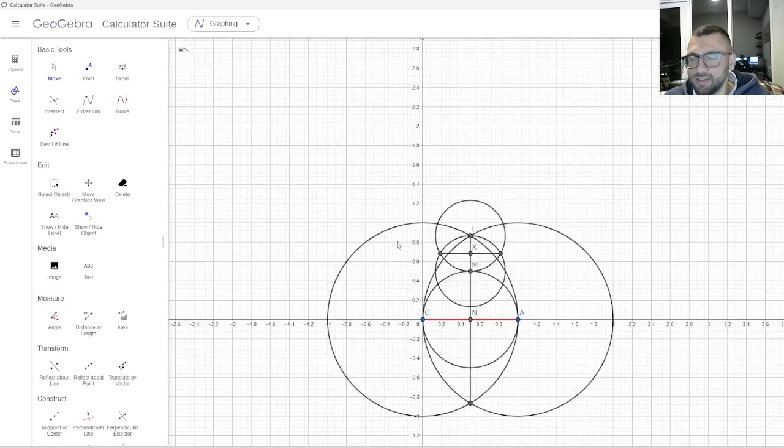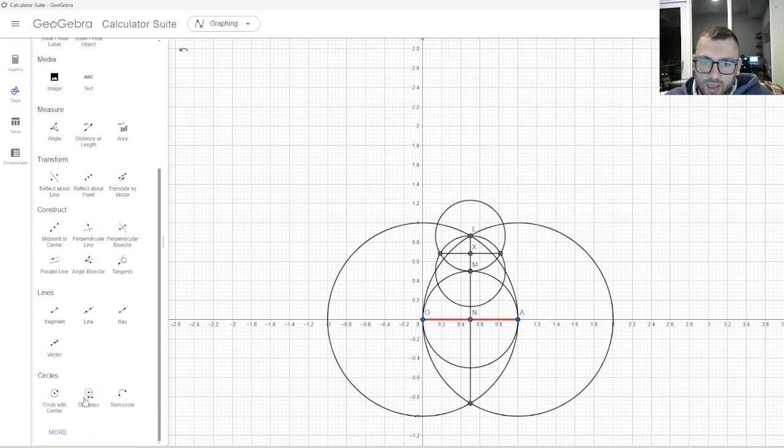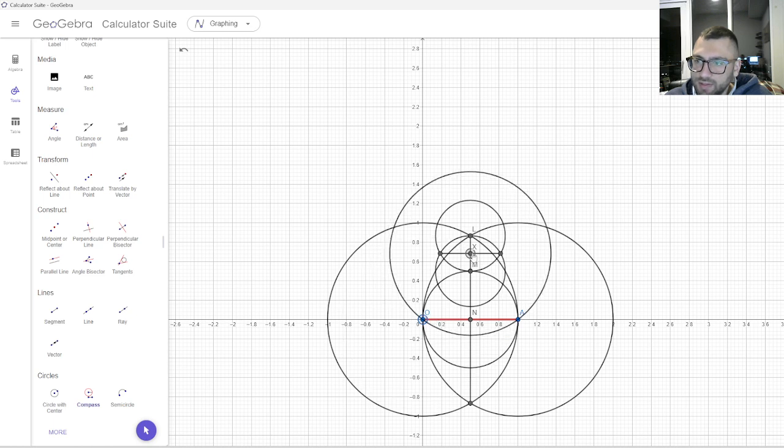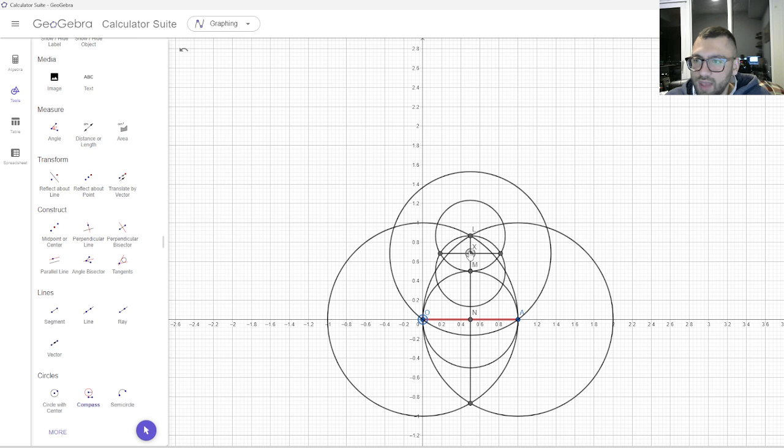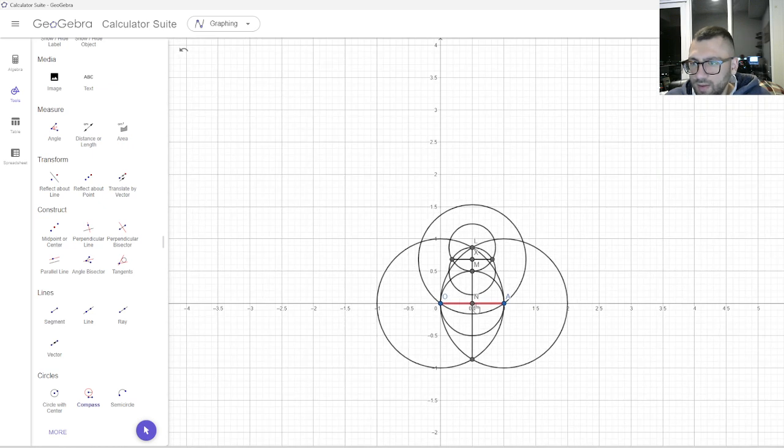I'm going to draw a circle centered at X, of radius X to O, which is the same as X to A. So this is our circle. Our pentagon is going to fit exactly within this circle.